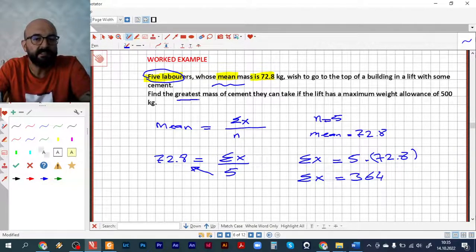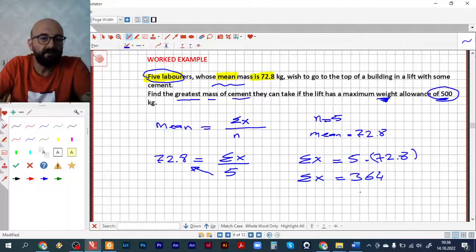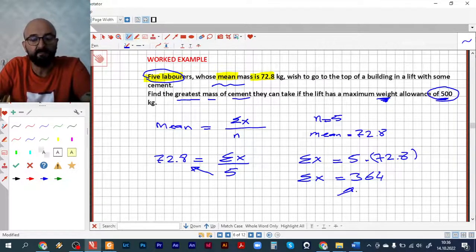Find the greatest mass of cement they can take if the lift has maximum weight allowance 500. So the maximum weight is 500 kilograms, but now the 5 laborers have a sum of 364.